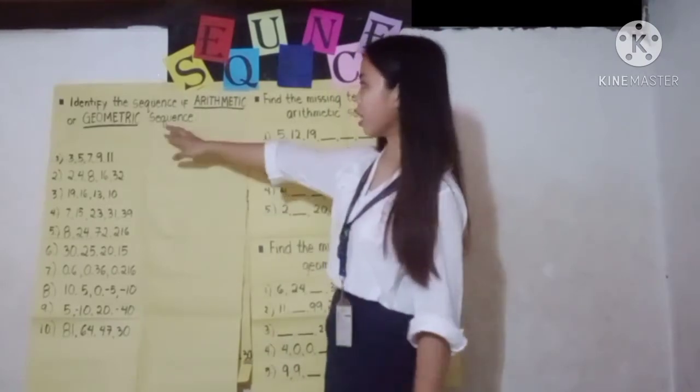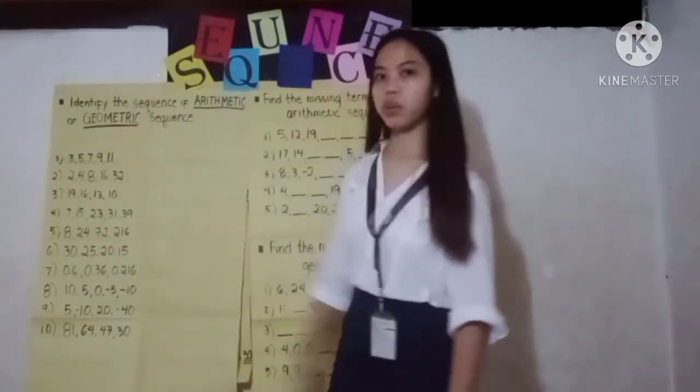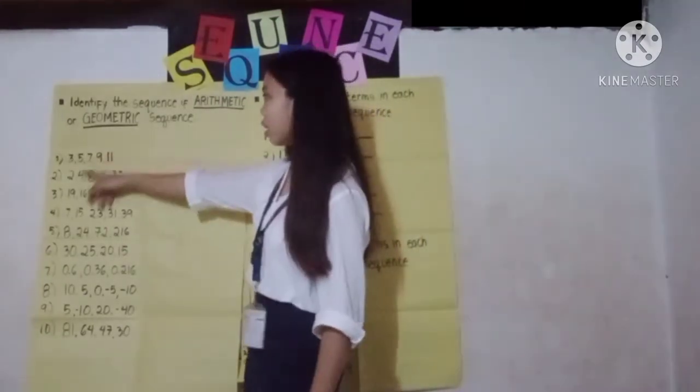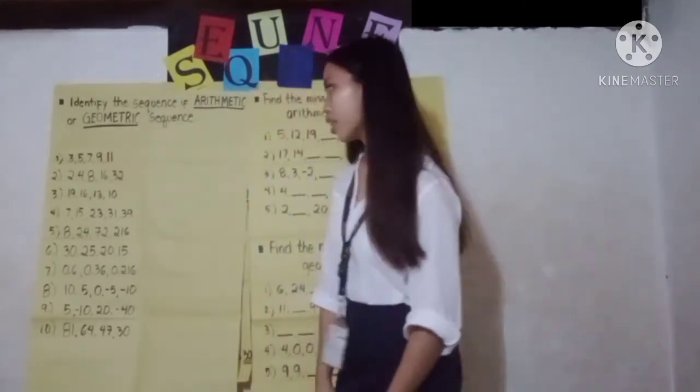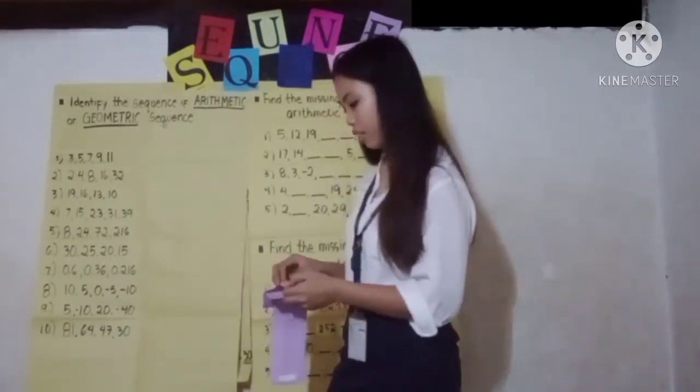For part 1, identify the sequence if arithmetic or geometric sequence. Number 1: 3, 5, 7, 9, 11. This is an arithmetic sequence.